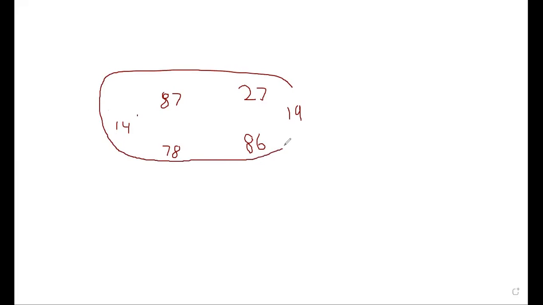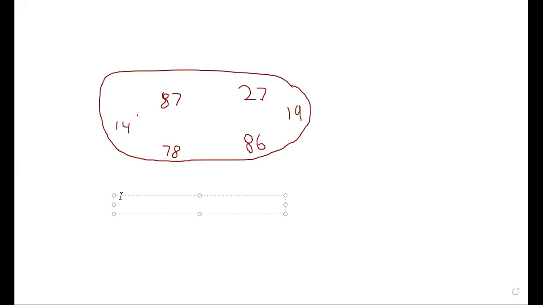Now what do we have to do? We have to write them in ascending order. And we know the meaning of ascending order. Ascending order means we have to start from the smallest one and end on the largest one.